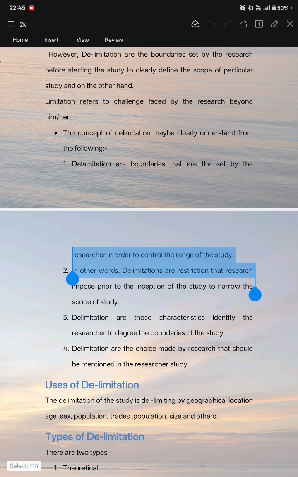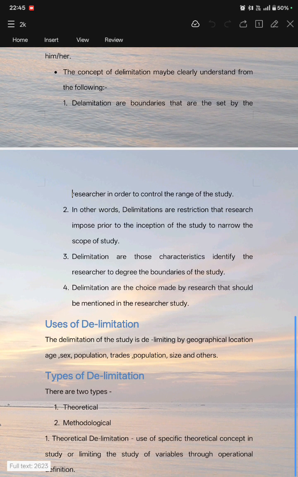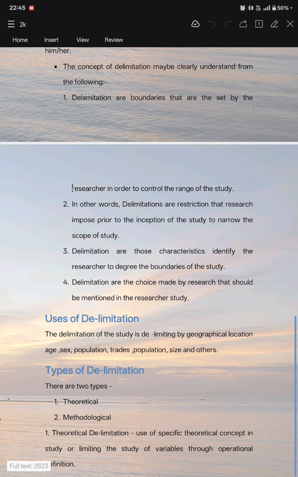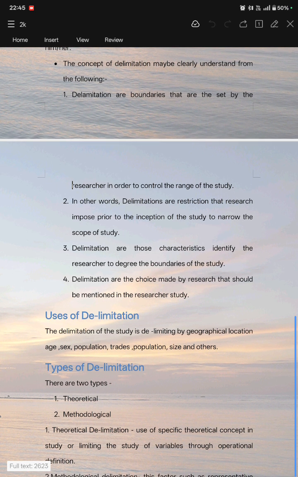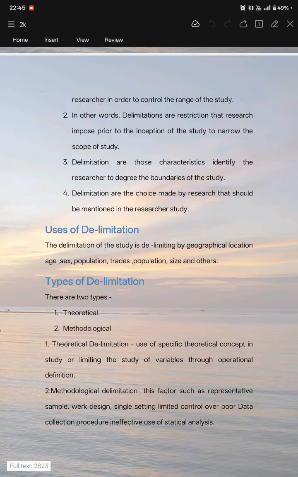Second, in other words, delimitations are restrictions that researchers impose prior to the inception of the study to narrow the scope of study. Third, delimitations are those characteristics identified by the researcher to decree the boundaries of their study. Fourth, delimitations are the choices made by the researcher that should be mentioned in the research study.